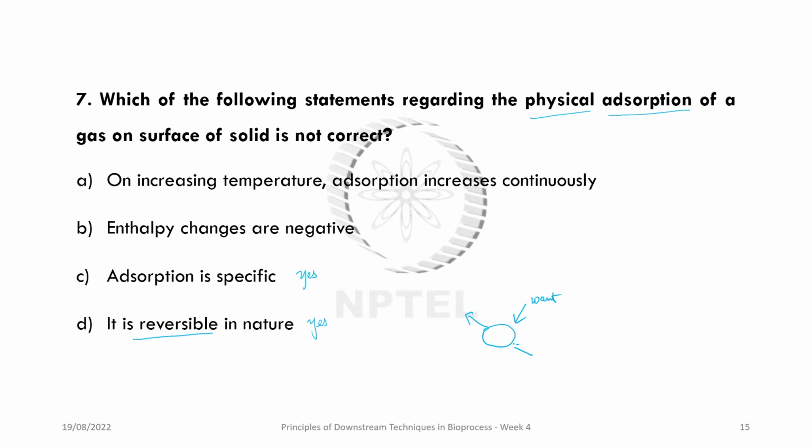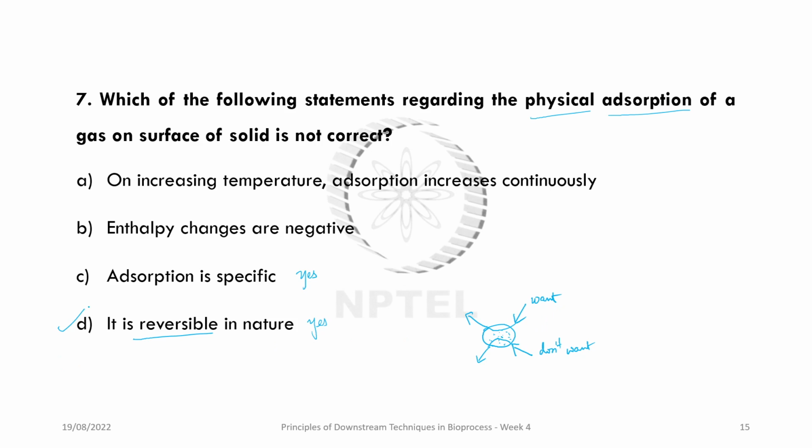If you're adsorbing something that you don't want, obviously you don't want to take that toxin from the adsorbent, but you really want the adsorbent back. You cannot keep buying new adsorbents, right? So again, yes, it has to be reversible. Only then you can either reuse the adsorbent or recover whatever you are looking for. Correct?